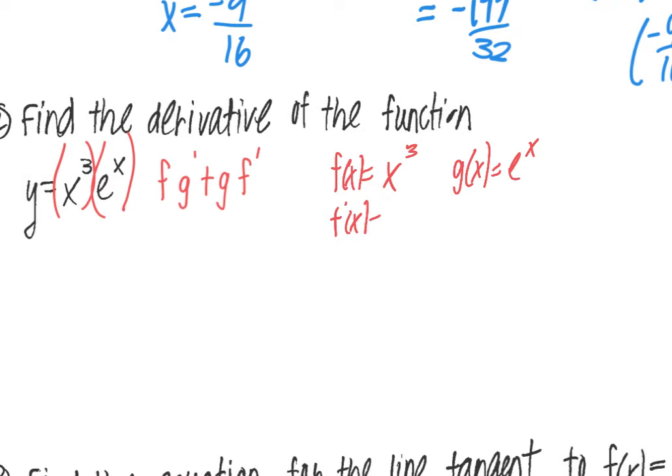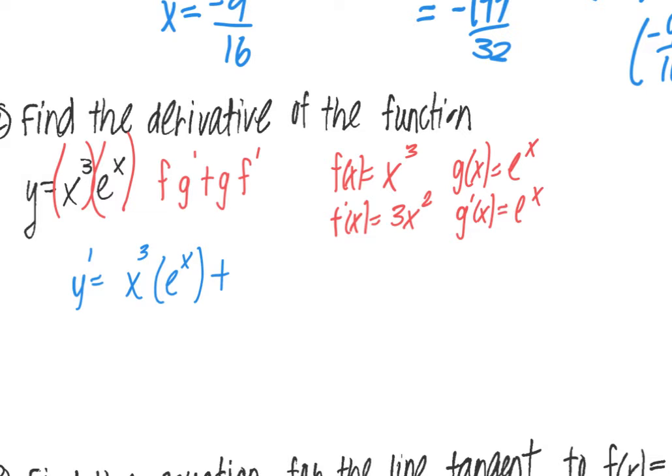The derivative of that first function is 3x squared. The derivative of the second function, well, the derivative of e to the x is e to the x. So let's plug this in. Y prime equals x cubed times e to the x plus e to the x times 3x squared.